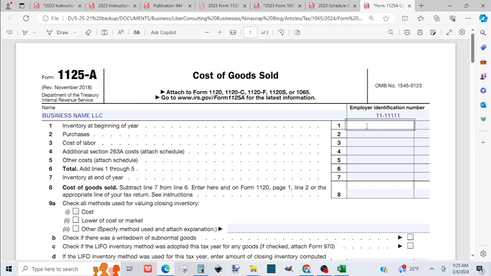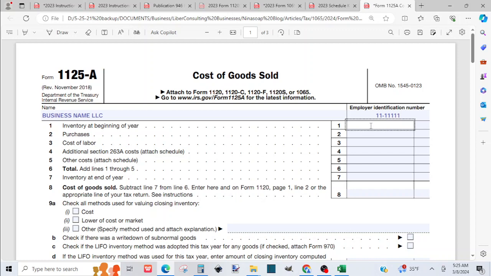In this example, since we are filing for 2023, if your business is not new, your inventory at the beginning of the year will be the December 31st, 2022 year-end inventory, which should be the same as the January 1st, 2023 beginning inventory.